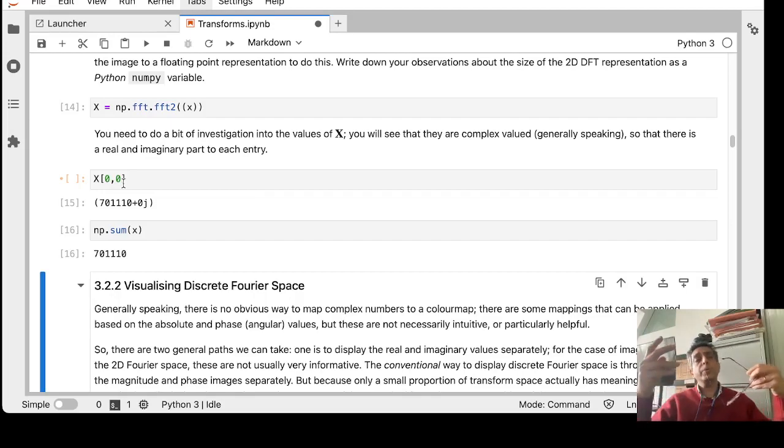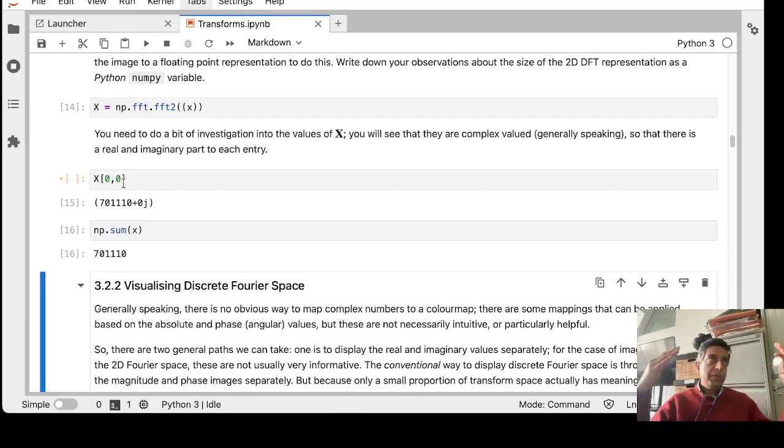So if we're looking at a frequency which is at 0 oscillations or cycles per pixel, then we have effectively a cosine and a sine of 0 cycles per pixel, and cosine of 0 is 1.